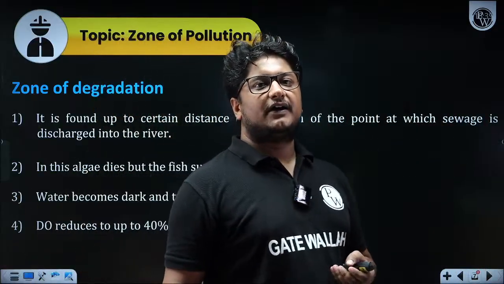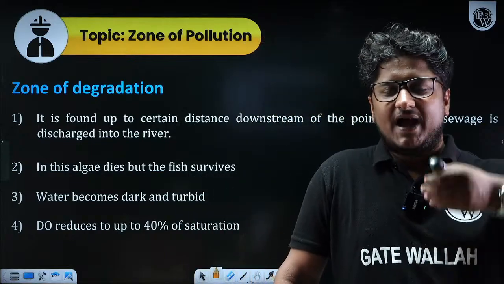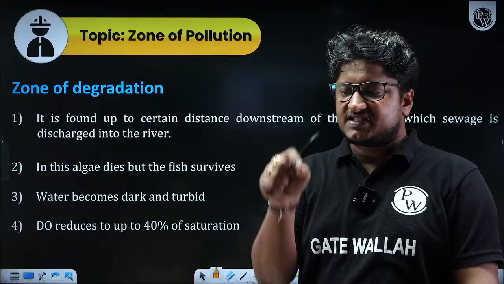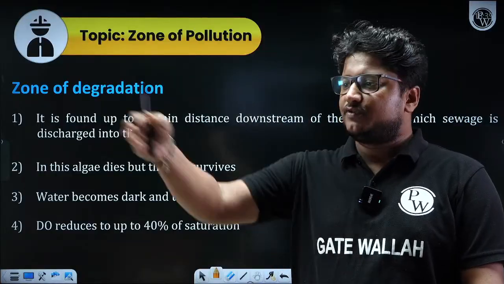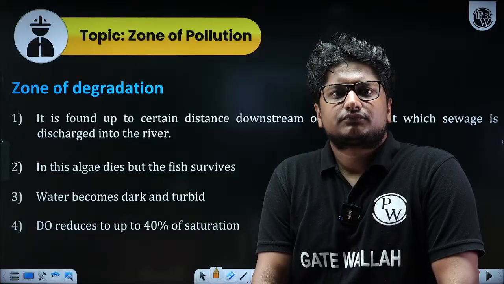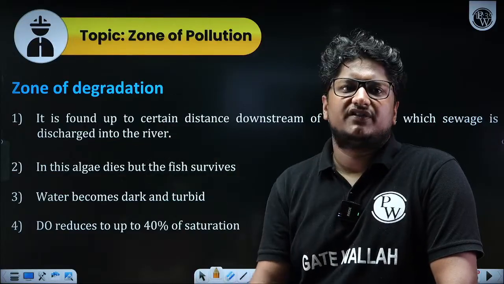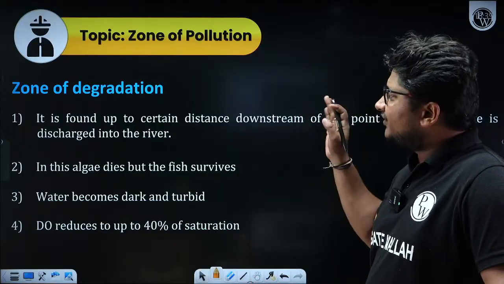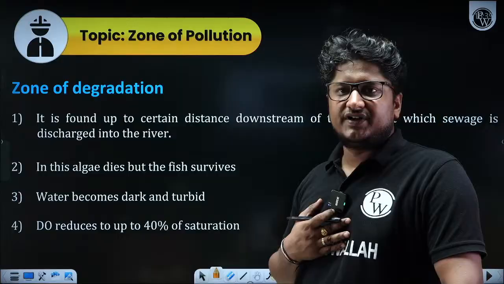First, when you add the wastewater into the river water, the first zone, which starts from the discharge point towards the downward direction of the river, in the flow direction of the river, we are calling the zone of degradation. What is that?